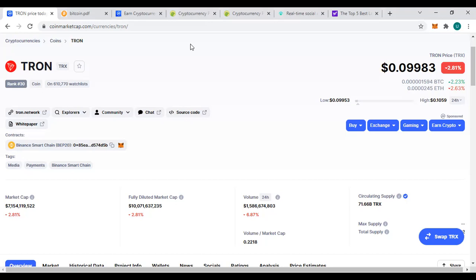If you look down here, you see the all-time high. This coin has gone to $0.3, and the lowest it has gone is 0.0001, and that was 4 years ago, September 2017. This is within the range where it was listed.